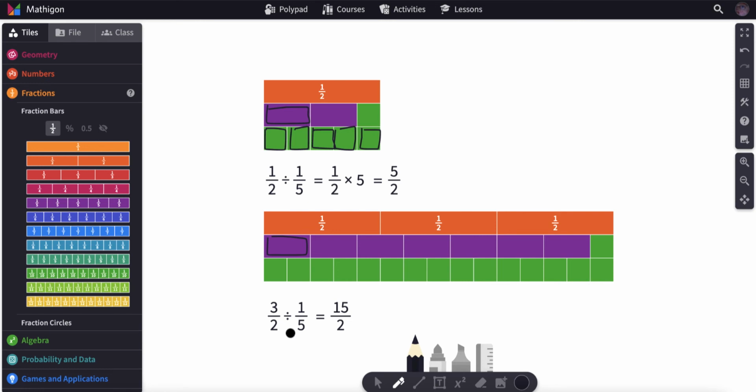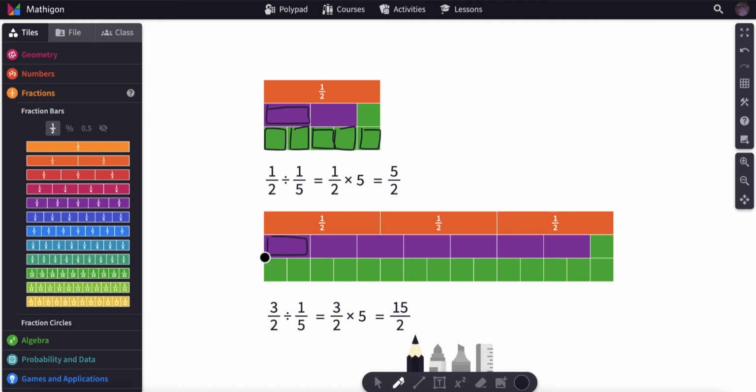So in this case, we know what we want this to work out to. We want it to be 3/2 times 5 to equal 15/2. So this 3/2 now is 3/2 of the original piece that we divided by.